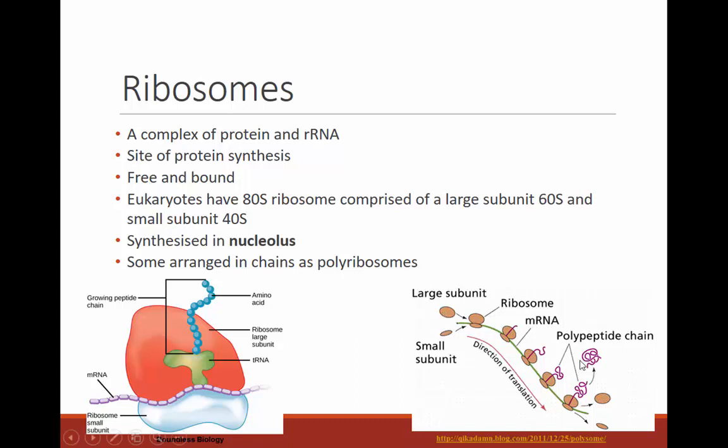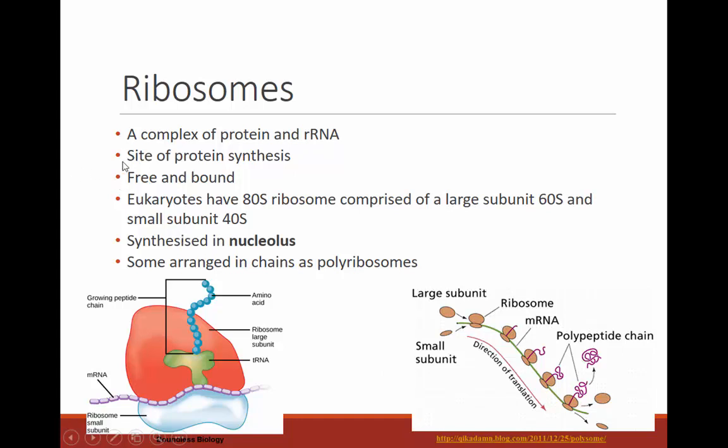If you look at the image on the right, you've got the large subunit and the small subunit coming together, and you've got this green bit, which is the messenger RNA. Because of those ribosomes attaching on either side, they allow the production of polypeptides. Once you come to a stop, they can be released. Okay, so you need that ribosomal RNA to be able to produce polypeptides.